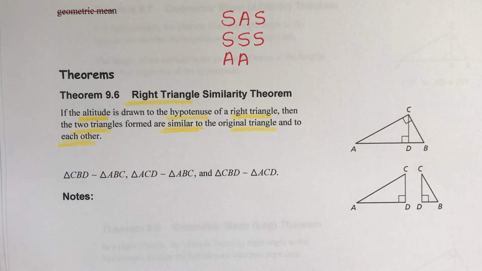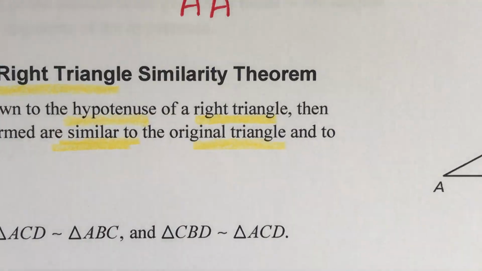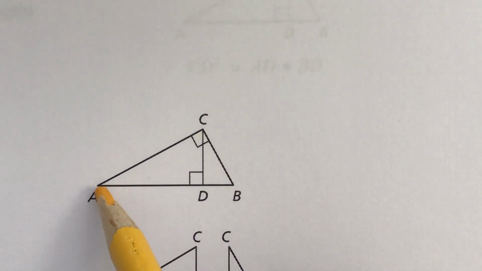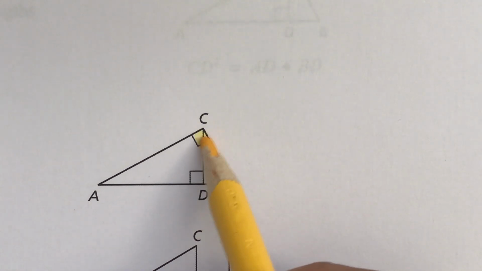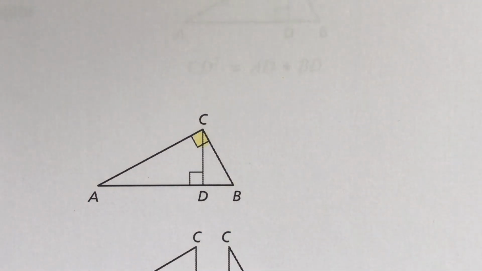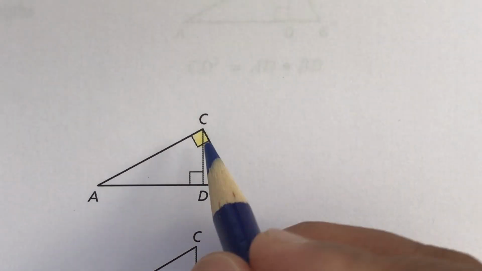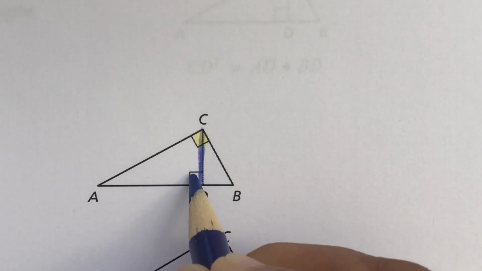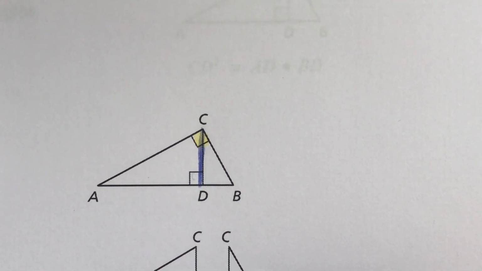So if you have a right triangle, let me make that bigger. We see this is an original right triangle, and in this right triangle, if I draw my altitude from C, altitude means drop a perpendicular, that's going to be perpendicular here, that's my altitude.